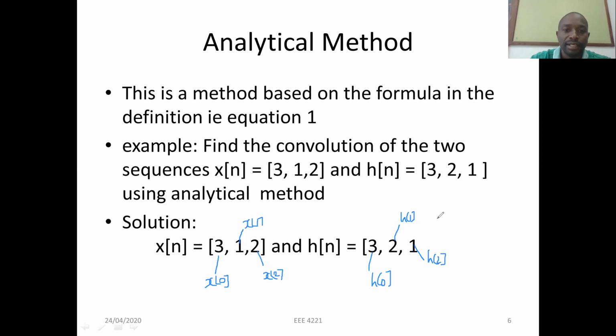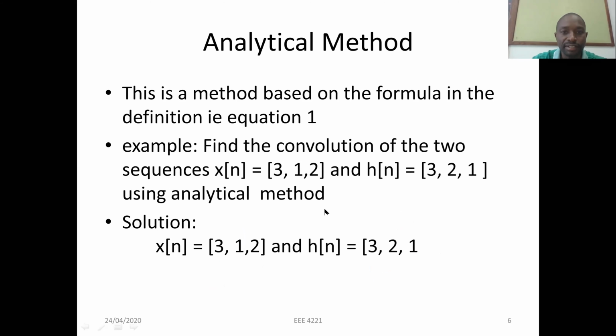So at any instance, the maximum position you get for x of n will be the 1 at position x of 2, and the maximum for the second signal h of n will be the 1 at position h of 2. These positions are very important because as we do the convolution using the analytical method, knowing these positions will help in determining the final solution.